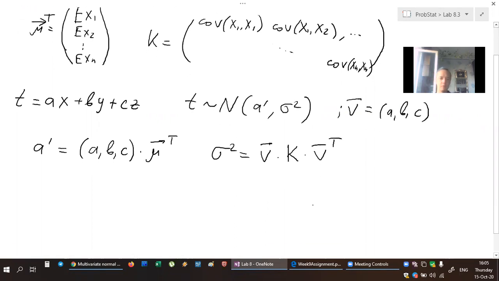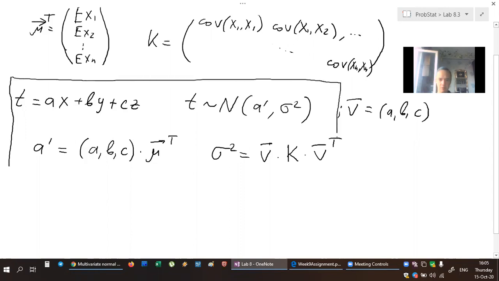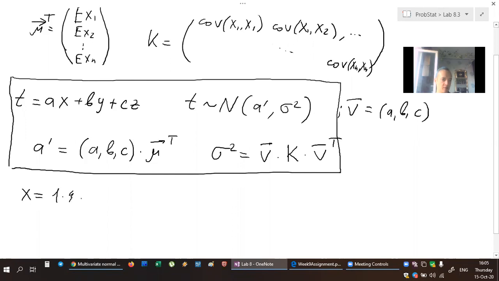If we use this idea, then for the first component, it's actually 1 multiplied by xi plus 0 multiplied by eta plus 0 multiplied by zeta.